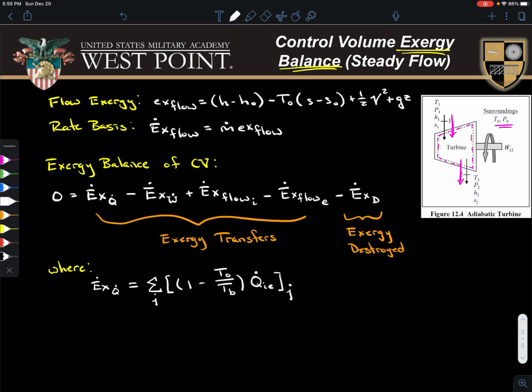So say you have an entire engine and you have heat transfer exiting a heat exchanger, you also have heat transfer coming across a turbine if it's not adiabatic. So you could have multiple locations of heat transfer. This is, as we said earlier, the rate of Exergy transfer accompanying heat transfer.